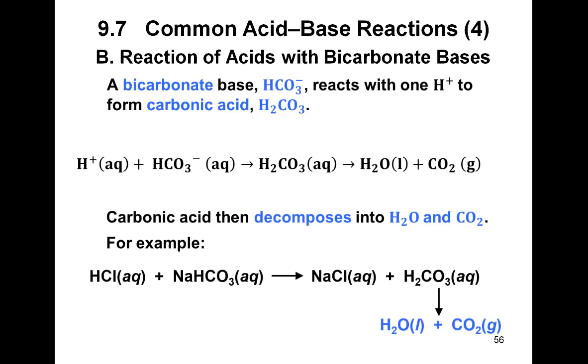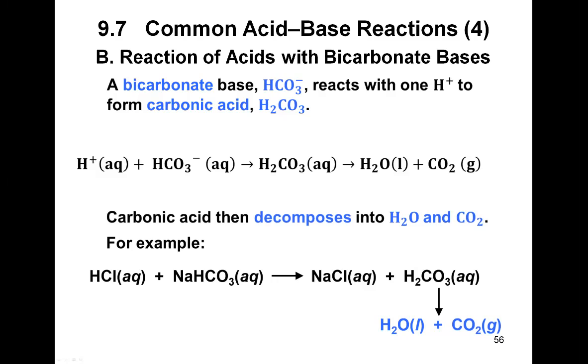An example of that is, for example, the hydrochloric acid when you add it to the sodium bicarbonate. So the H plus from the acid will combine with the HCO3 negative 1 ion, the bicarbonate, and you will obtain H2CO3.